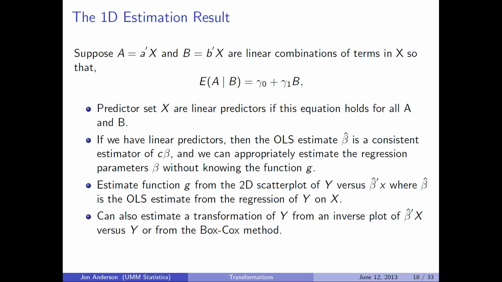We'd be able to estimate that little function g from just a two-dimensional scatter plot of y versus the predictors. And that's going to be an important plot later: if we have linearly related predictors, we can figure out what the little function g is just by plotting y against the predicted values, and that would accurately reveal how the mean function works.